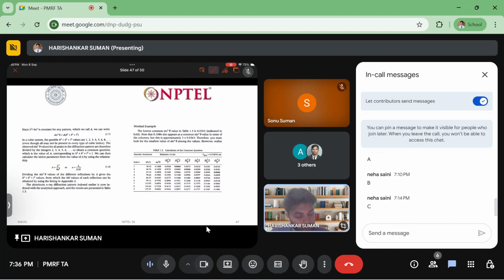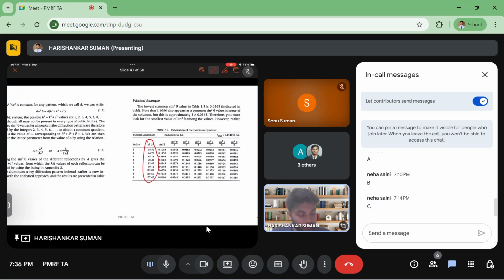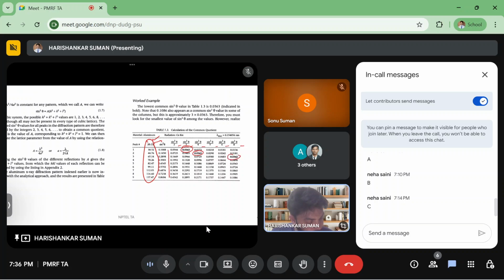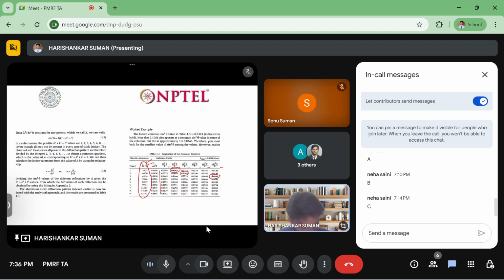We can also use another method. If we use the second type, theta is given, and we have to calculate sin square theta. Now we divide by 2, 3, 4, 5, 6, 7, and choose the common parameter which is smallest, as we marked here. This will be a according to this equation.